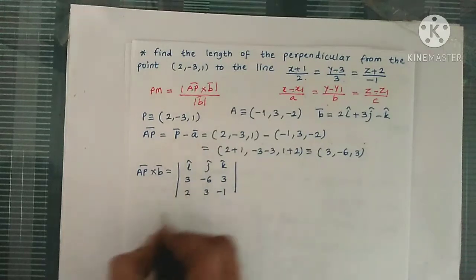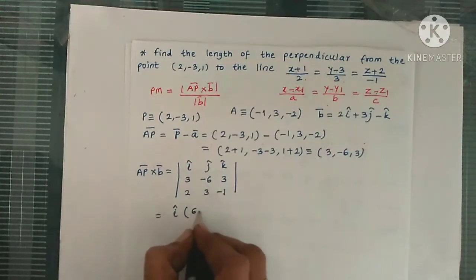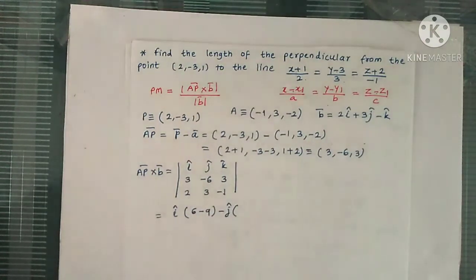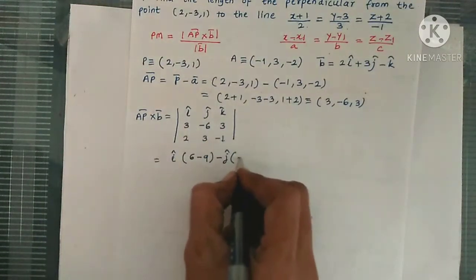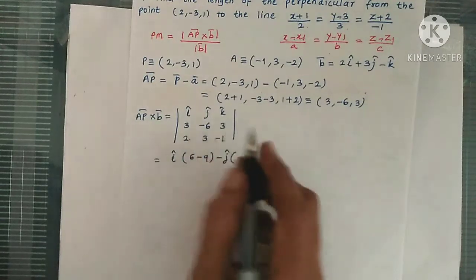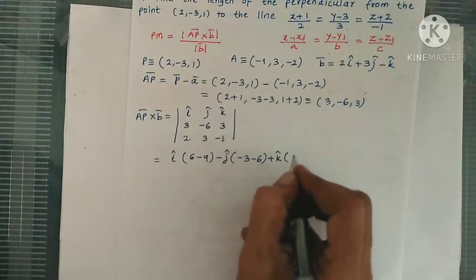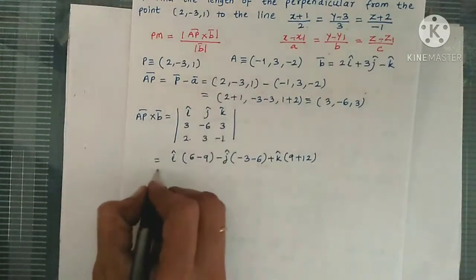So expanding this, we have i cap, minus 6 into minus 1, that is 6, minus 9, minus j cap, then 3 into minus 1, that is minus 3, minus 6, plus k cap, 9 minus minus, plus 12.